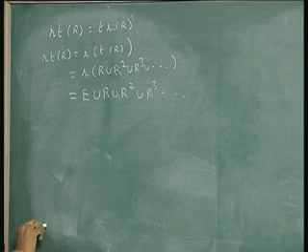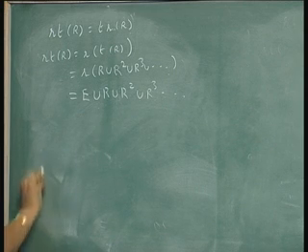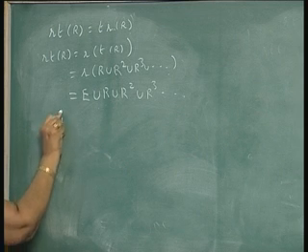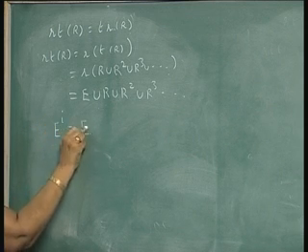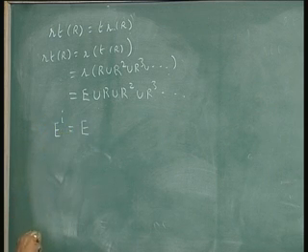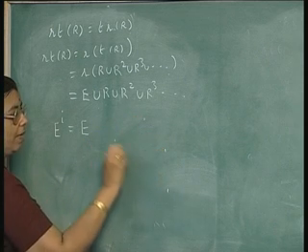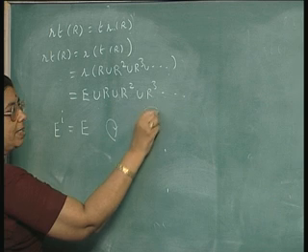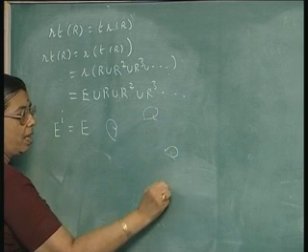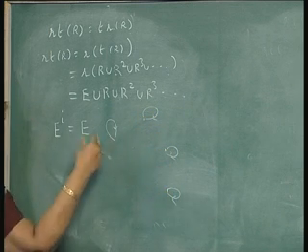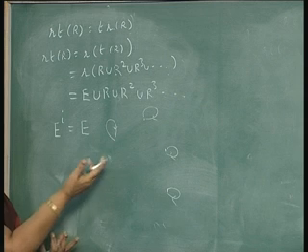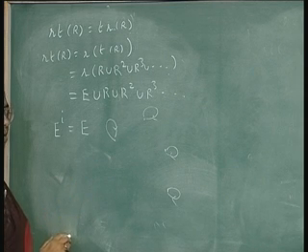But before going into that, let us make some observations. E power i is the same as E for any integer i. What does that mean? If you take the equality relation that consists of just self loops, and take any power of that, it will be the same as the original equality relation.